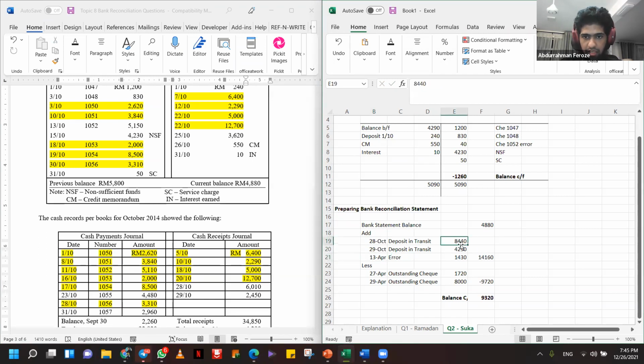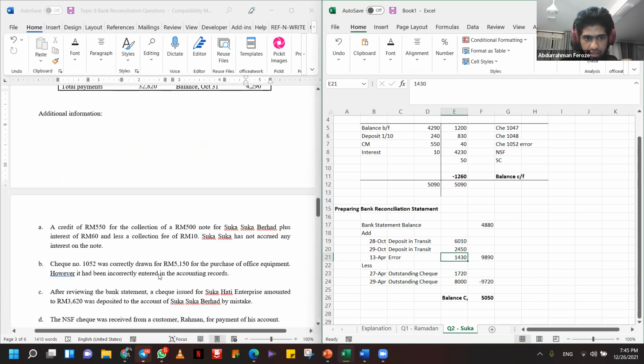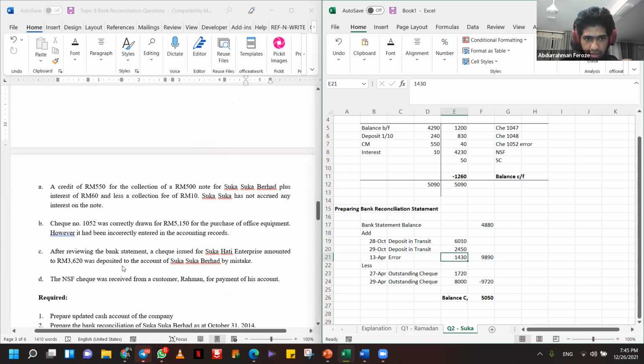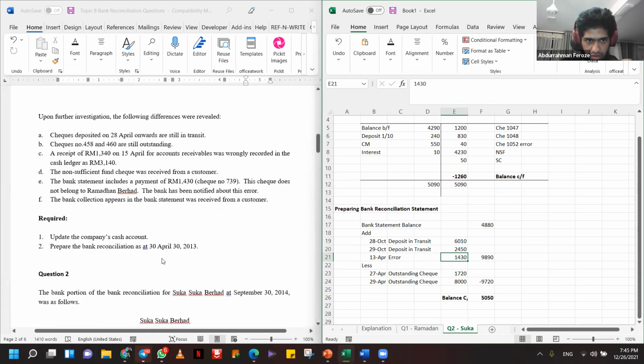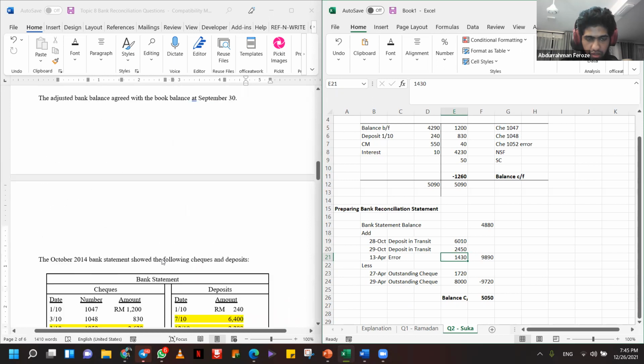All right. So we have this deposit in transit. We add this 6,010. All right. And then we have a deposit in transit of 2,450. And the error, 3,620.